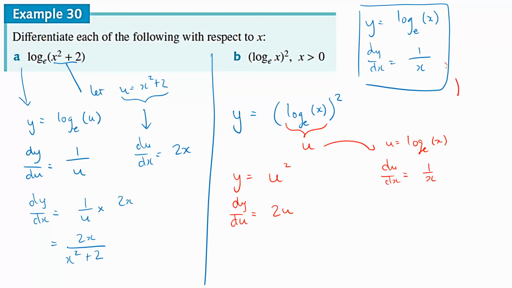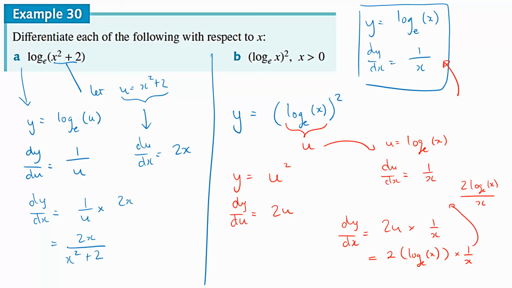It's up here. Okay, so now putting them both together, dy dx has to equal 2u multiplied by 1 on x. And that gives me now 2 times log e of x, because that's what u is, times 1 on x. Okay? Simplify it down to write it as 2 log e of x over x. And that's a good answer there, dy dx.